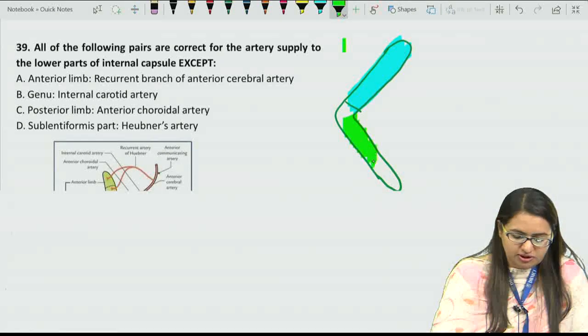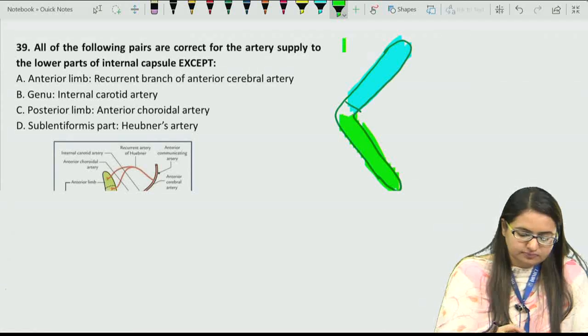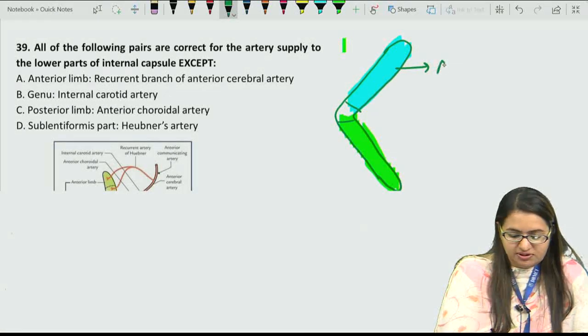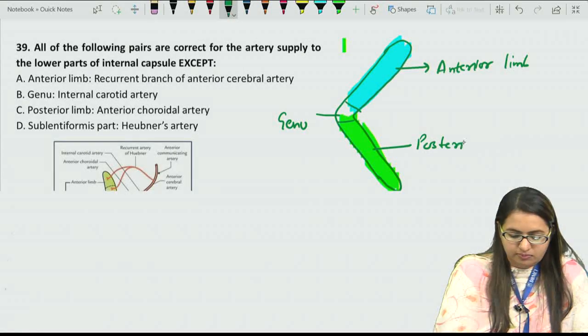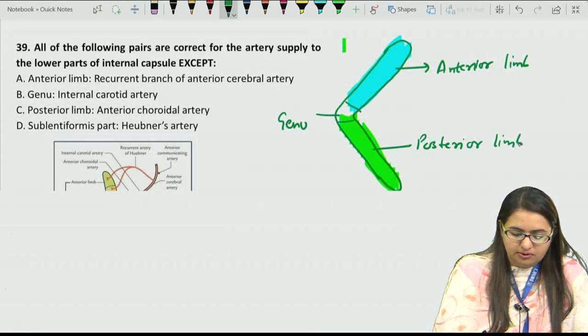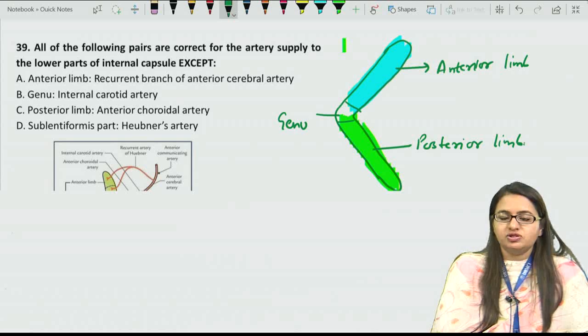This portion is the genu, and this is the posterior limb. These are the parts of this V-shaped internal capsule.